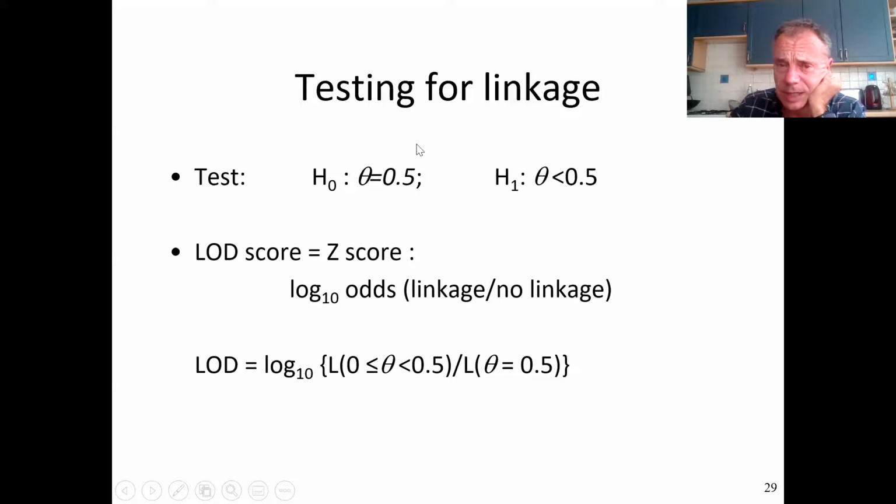That's the likelihood under the alternative hypothesis of linkage against the likelihood under the null hypothesis of no linkage. Take those two likelihoods, calculate these likelihood functions, take their ratio, take log base 10, and that is the LOD score, which is a fantastic traditional old statistic that everybody loves to talk about, the LOD scores.